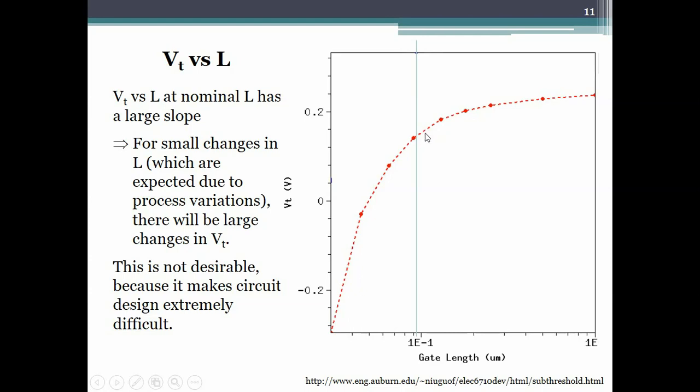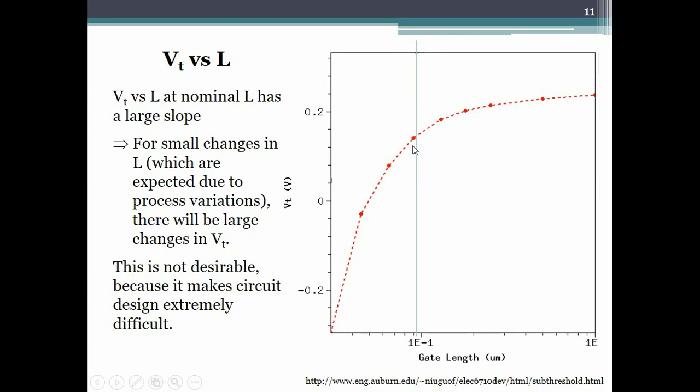Now what this plot is telling us is that as the channel length varies, the threshold voltage varies. And as I said, this is not necessarily a very representative picture, but let us say this was a nominal channel length. Then you see the slope is very large, which means that for small changes in the channel length, the threshold voltage can have a large change.